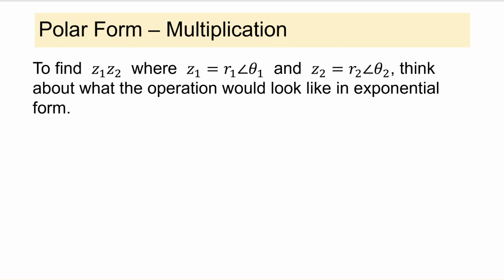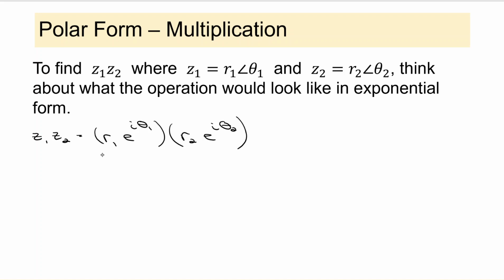So if I think about it as Z1 times Z2, but I'm going to use exponential form, what have I got? I've got R1 e to the i theta 1 times R2 e to the i theta 2. Okay, so same numbers, just in a different form.